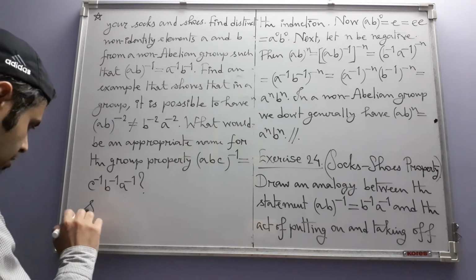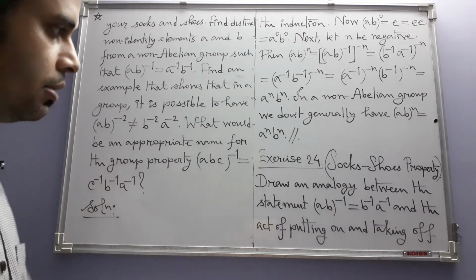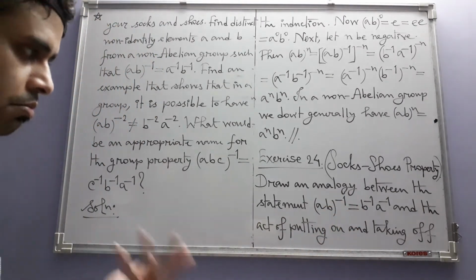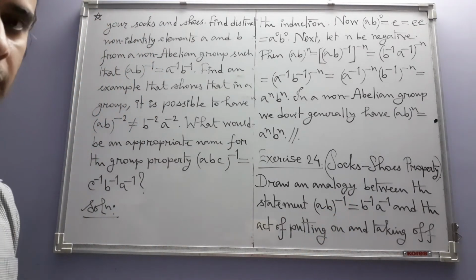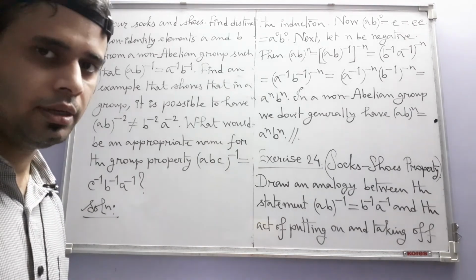So the first thing is that we have to draw an analogy between this property in any group and putting on and taking off shoes and socks. This I will just explain in words.